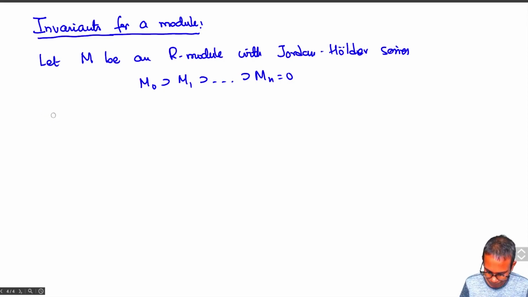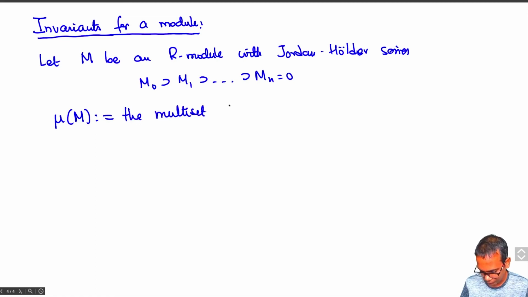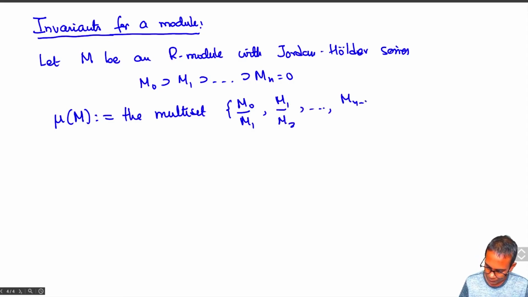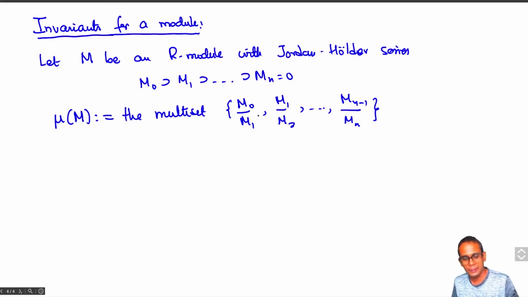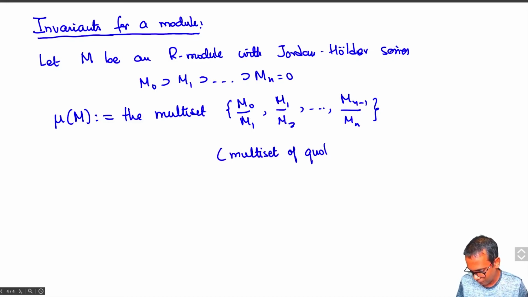So we'll define mu of M to be the multiset M0 mod M1, M1 mod M2, ..., Mn-1 mod Mn. So we remember the multiplicities with which the different quotients arise. So this is the multiset of quotients. This is independent of the Jordan-Holder series. This is what equivalence means.